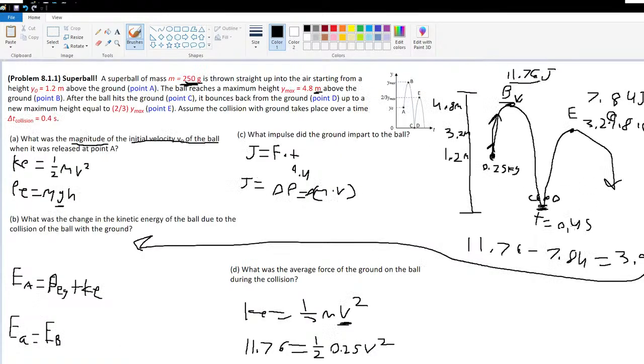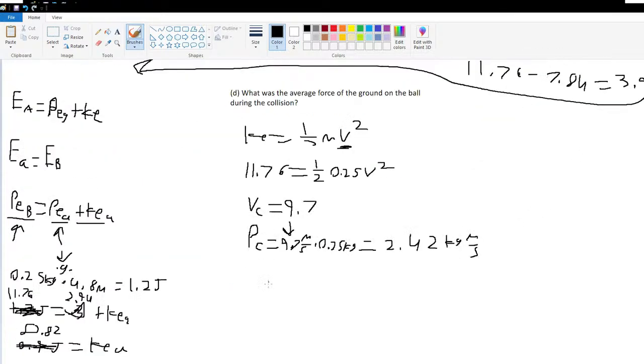And we've got to do the same thing for point D, and we know that afterwards we have 7.84 joules of energy, so we can do the same thing. I'm not going to do this math out again because I just did it, so I'm just going to gloss over it. 7.84 divided by 0.5 times 0.25, and take the square root of that number.